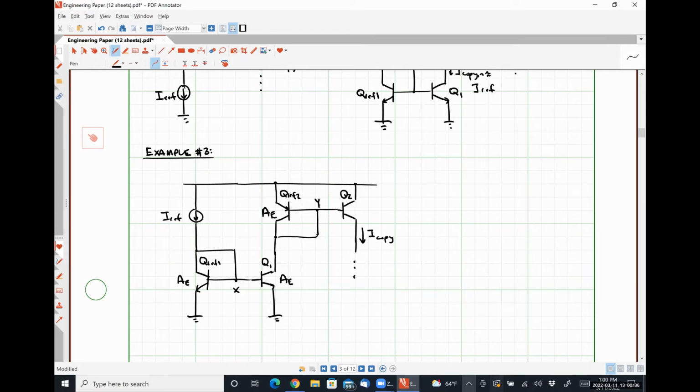All right, so a couple of things here, just real quick. Since VBE ref 1 is equal to VBE 1, effectively, since node X is a constant value because this is a DC circuit, the collector current for transistor Q ref 1 and the collector current for transistor Q1 have to be the same thing.